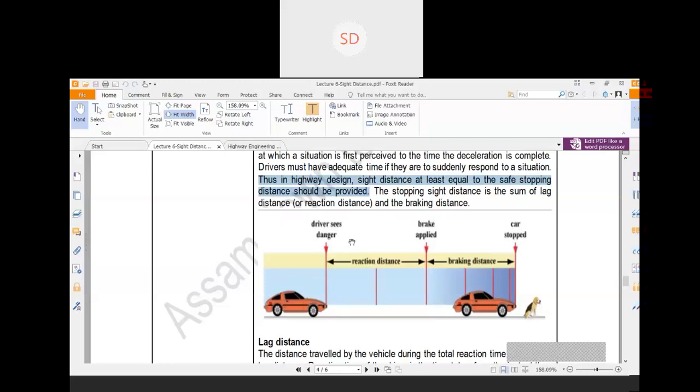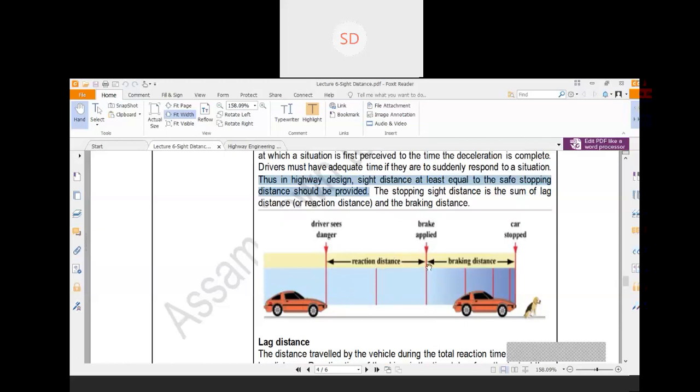That is called lag distance or reaction distance, the distance traveled by the vehicle within the reaction time. After the reaction time, the driver will analyze the situation and apply the brake. But because of the braking efficiency, coefficient of friction and other factors, the vehicle will not stop immediately after application of the brake.